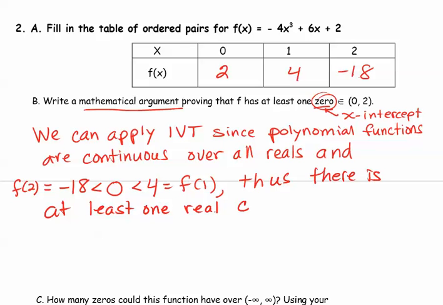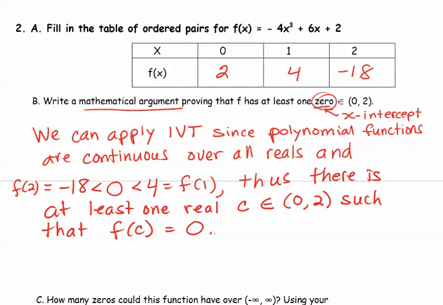There has to be at least one real number c, and now I'll use, instead of interval notation, I'll use that is an element of that curved e. So there has to be at least one real number c in the interval from 0 to 2, such that f of c is equal to our target y-coordinate. That happens to be 0.